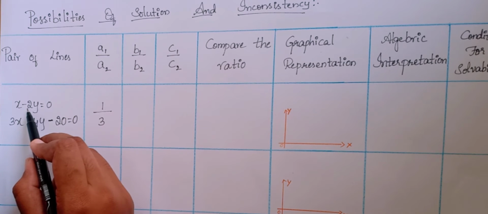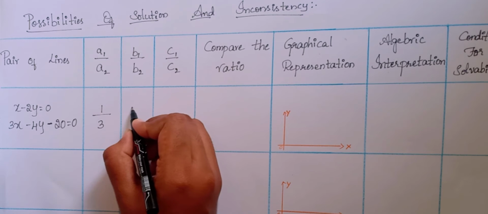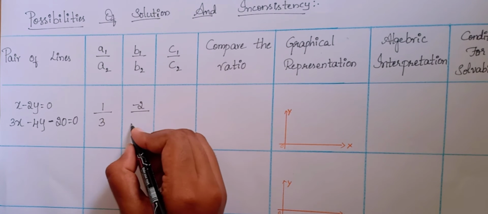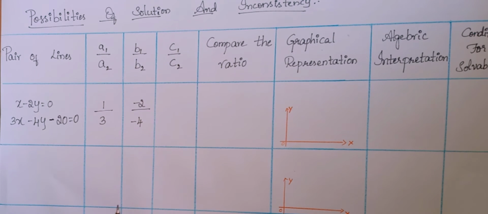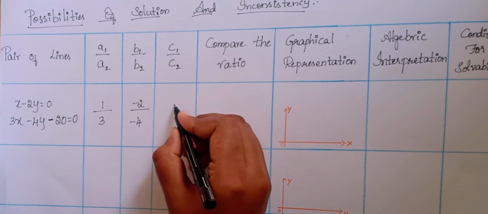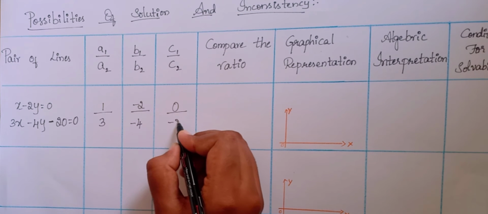Here B1 is minus 2. We need to consider the sign also. So minus 2 divided by B2, which is minus 4. Here we have C1 by C2, where C1 is 0 since nothing is there, divided by the constant, minus 20.